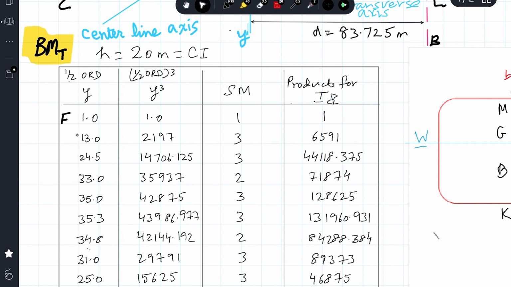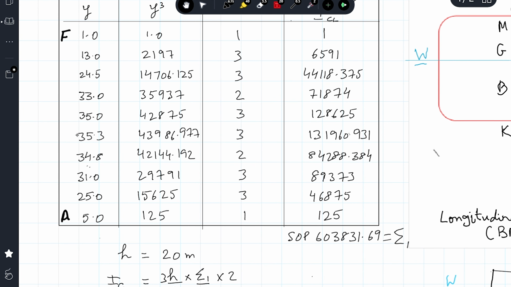So this is transverse moment of inertia, and it is about the center line of the vessel passing through center of rotation. We add up the moment of inertia function, sum of the products, 603831.69, summation 1.